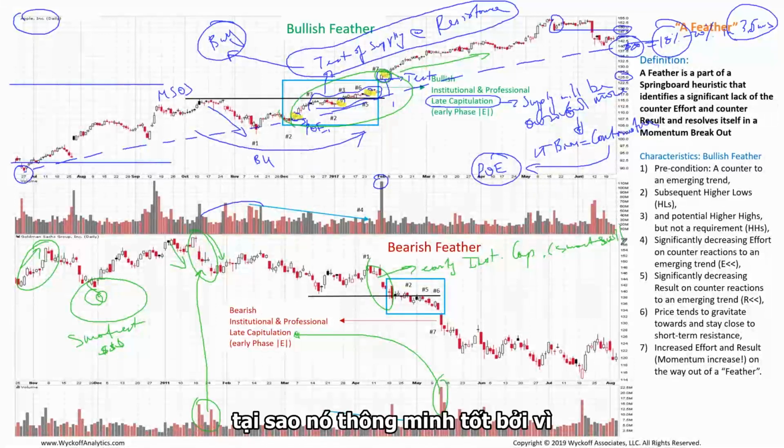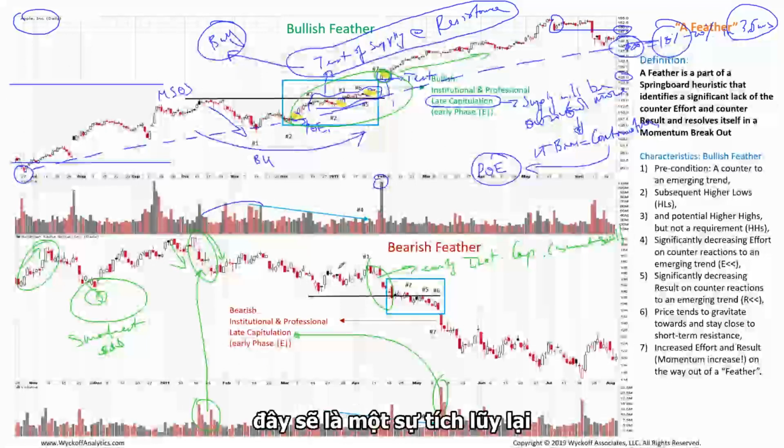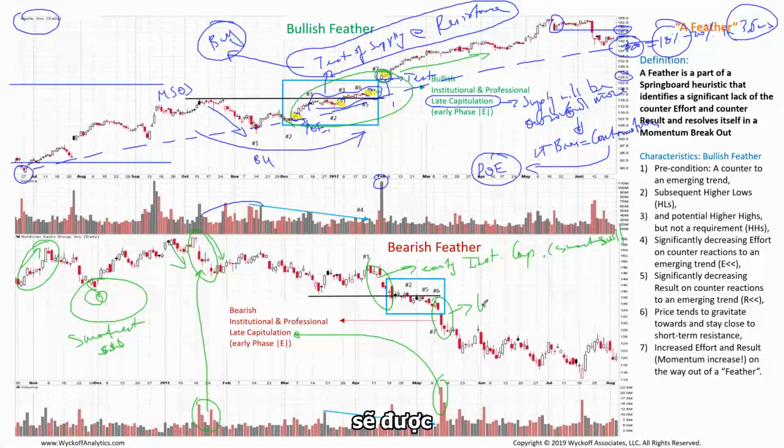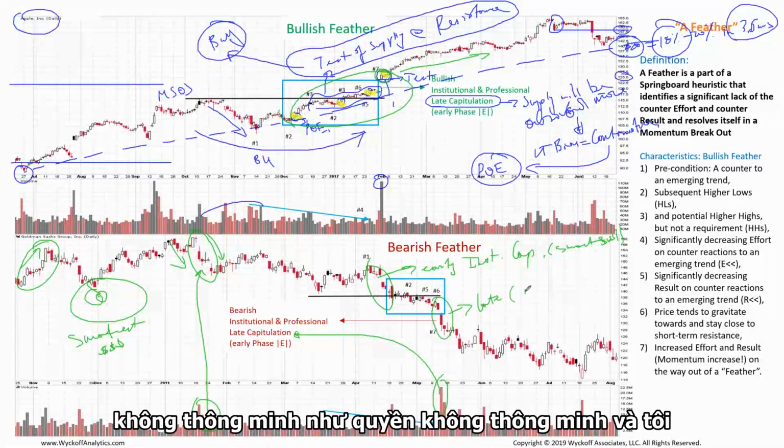Well, because they get out at the last opportunity before the collapse. And therefore they give themselves an opportunity to still stay in the position if this is going to be a reaccumulation. And then the late capitulation is just not as smart, right? Not as smart.